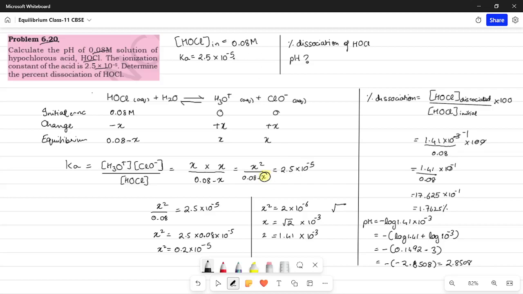The value of Ka is super low, which implies it's a weak acid. We then used the percentage dissociation formula, which is HOCl dissociated divided by the initial concentration of HOCl into 100, and then simplified it to get the percentage dissociation. Then the pH is minus log concentration of H plus, and I'm assuming at this point you know how to do that.